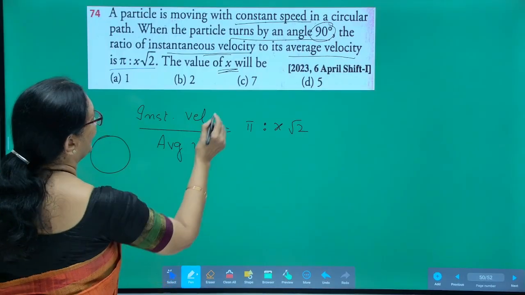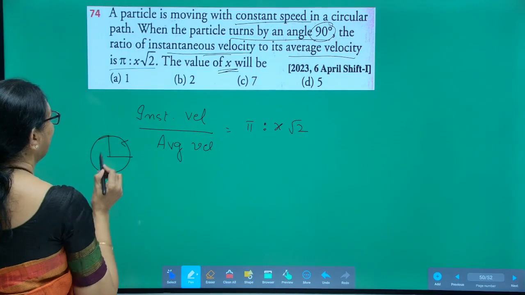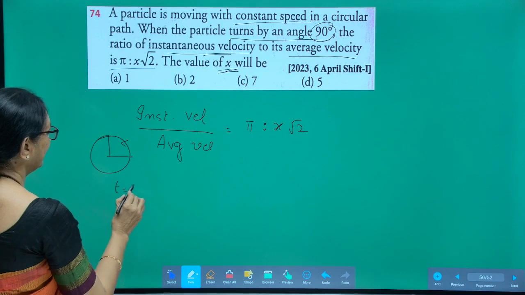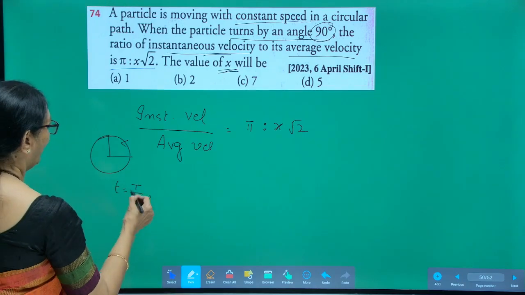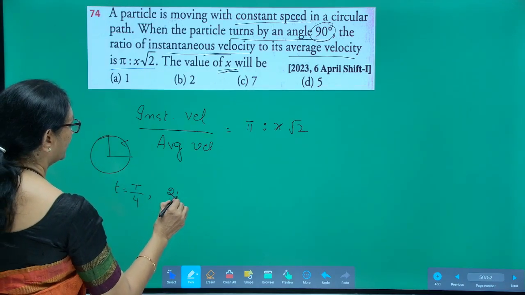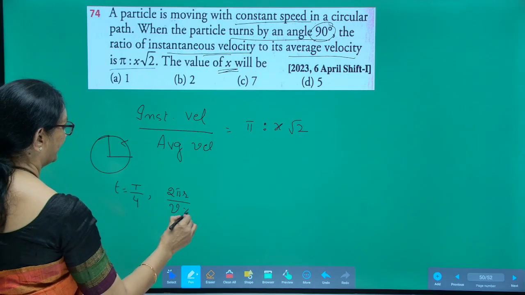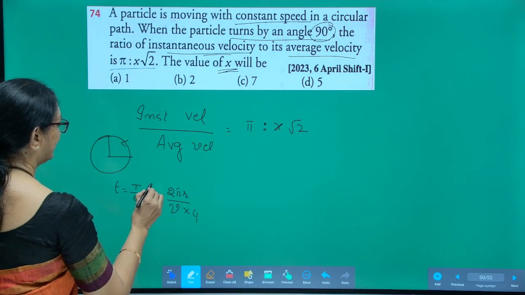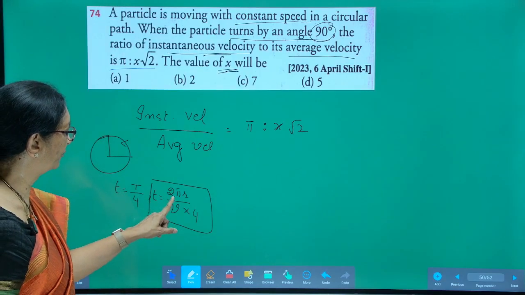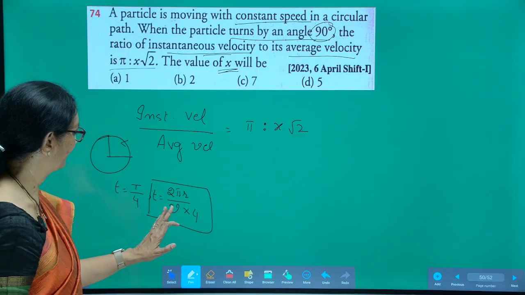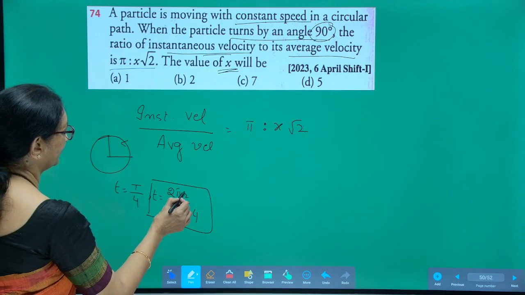After turning through an angle of 90 degrees, the time taken is T by 4, where T is equal to 2 pi r by instantaneous speed. So this is T here. Is it okay? So T is equal to 2 pi r by v. So T by 4 is equal to this much.